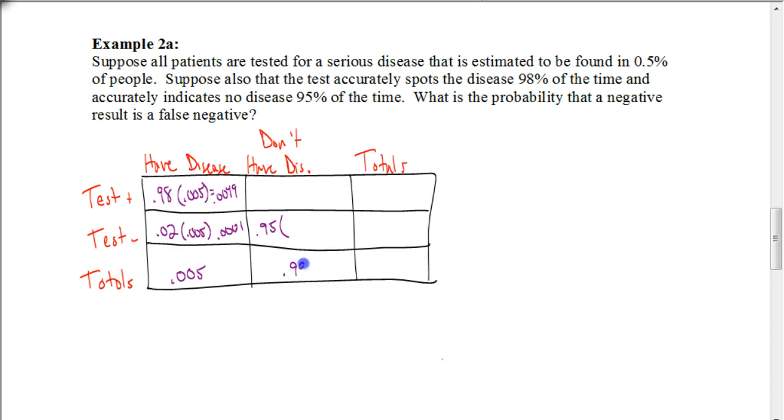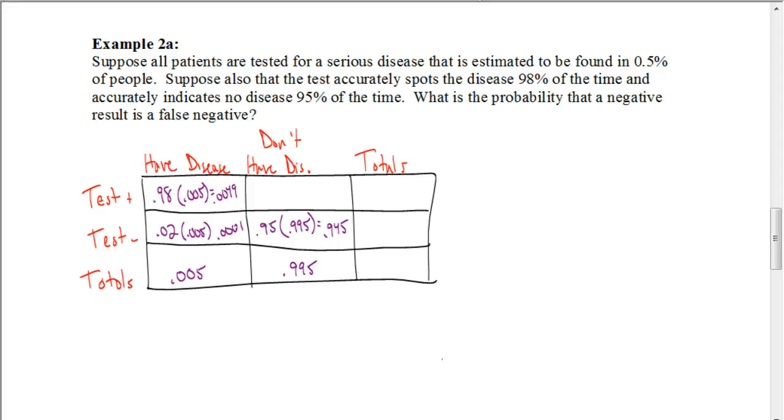So that would be 0.995. Out of those people that don't have it, this test accurately tells them they don't have it 95% of the time. So 0.95 times 0.995 gives us 0.945. So that means it's going to be 94.5% of the people that this happens to.